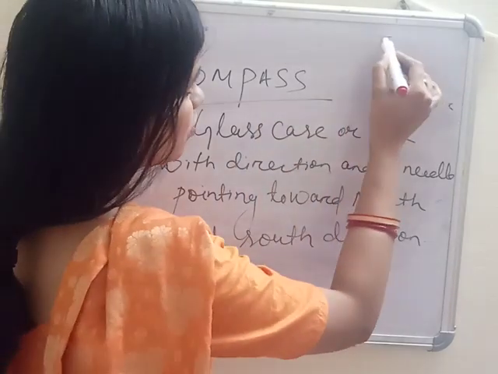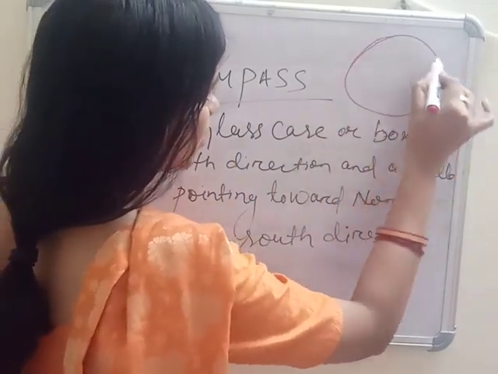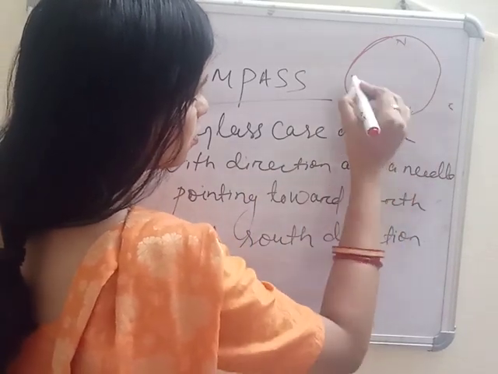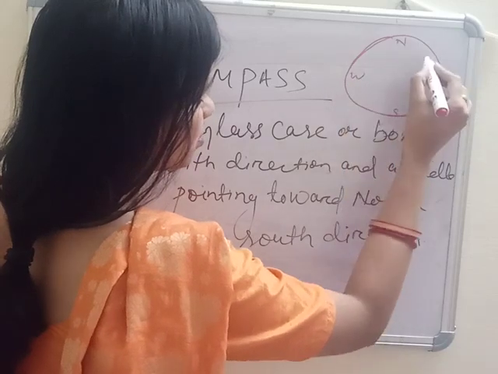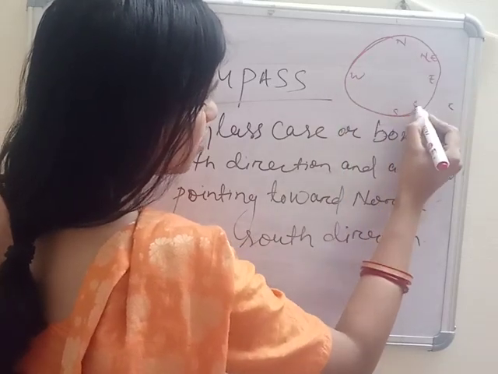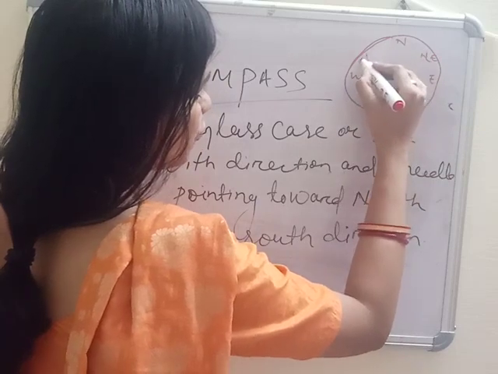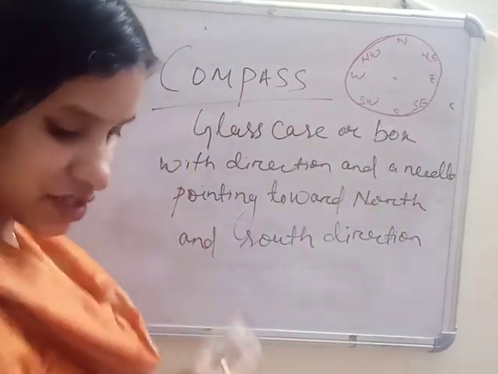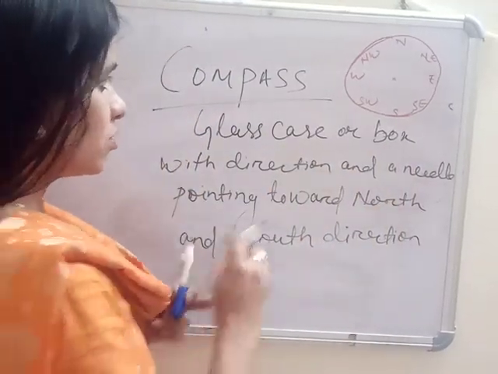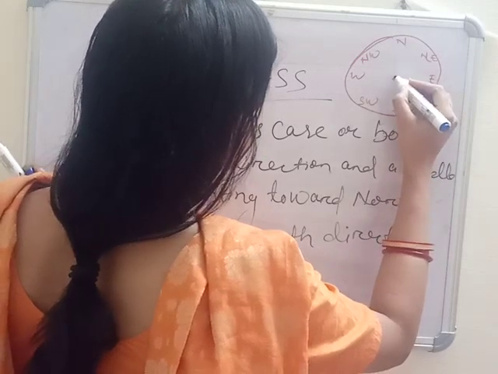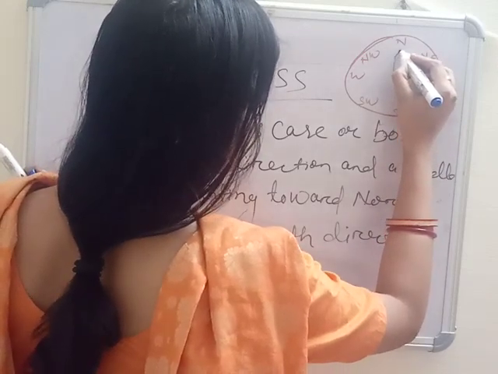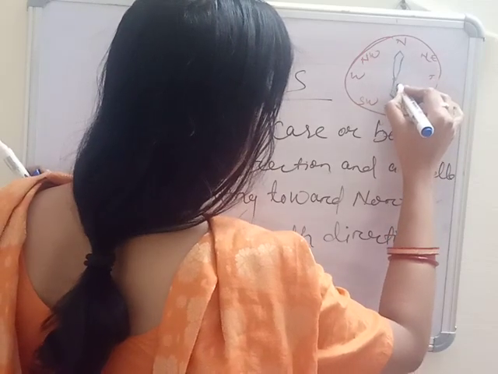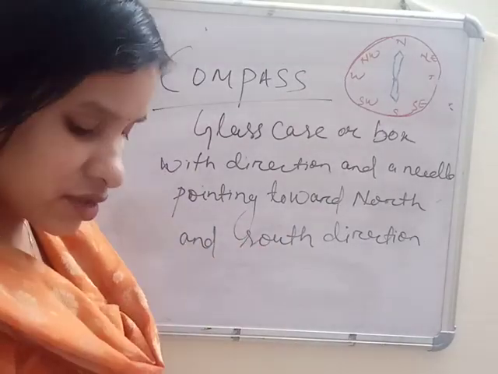So how does the compass look? It's a round dial-like structure. Within that it's written north, south, east, west, northeast, southeast, northwest, southwest. Over here there is a needle-like structure.